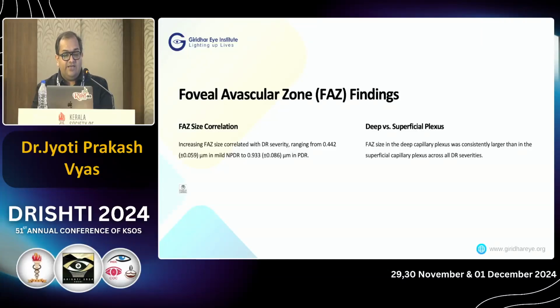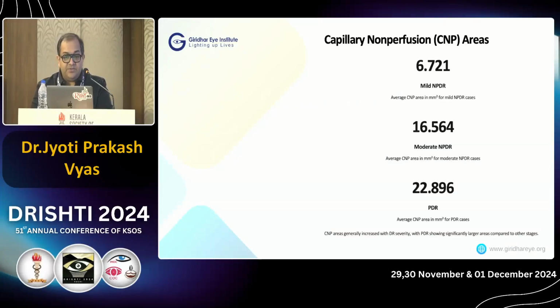So the size of the FAZ increased significantly as the disease progressed, and in all the stages of the disease, as compared to a normal individual, the FAZ size in the DCP, that's the deep capillary plexus, was consistently larger across all the stages. Then came the other parameters which have already been explained in the previous talks, the capillary non-perfusion area.